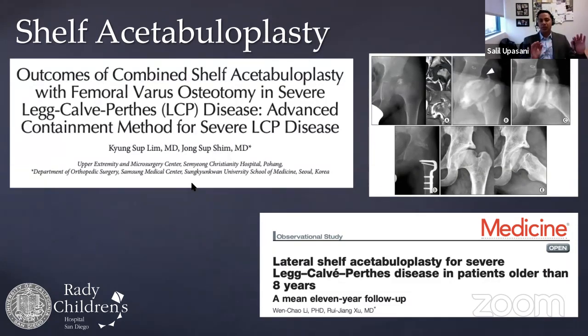Whichever surgery you're most comfortable with works in this stage for preventing deformity in the femoral head. If you're going to try to do a Salter in the late stages, I don't think that's going to work. When you're starting to have ossification of the head, I don't think it's possible to keep that head contained and keep it spherical.